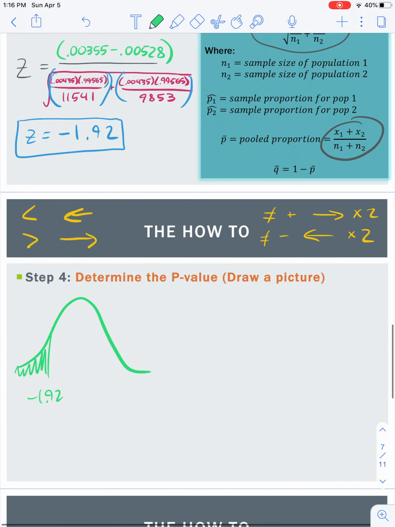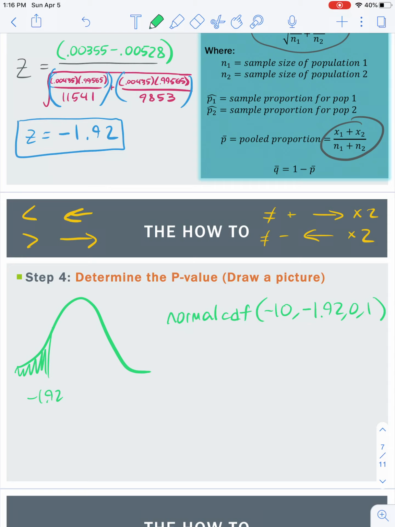So it's going to be normal CDF, negative infinity, which we write as negative 10, comma, the z-score, negative 1.92, comma, 0, comma, 1. Okay, so just remember, left bound, right bound, 0, 1. Same old rules we've been doing for the last 3 units now.